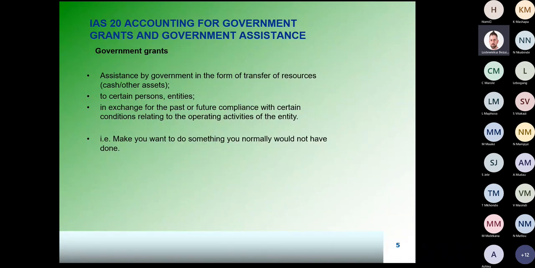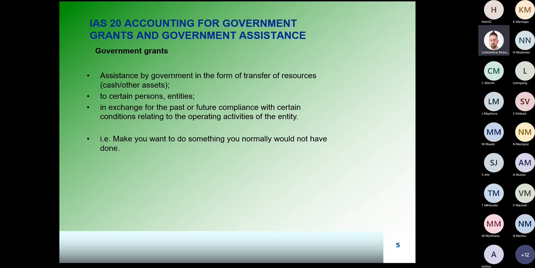All right, it's also linked to the entity, and in exchange for past or future compliance with certain conditions relating to the operating activities of the entity. All right, so transfer of funds or assets to a certain entity, and there are certain conditions that must be met.